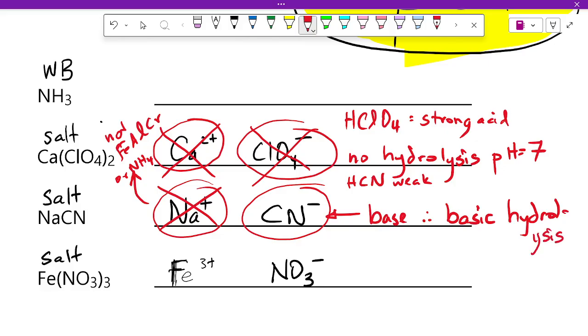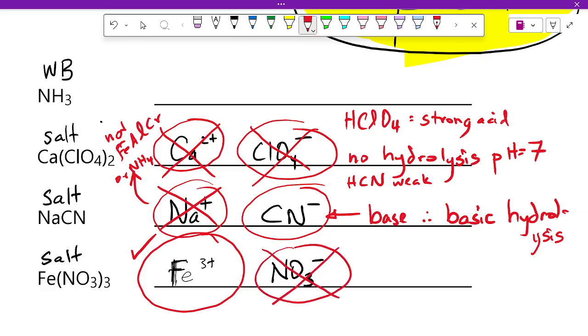There we go. Well, let's look at our next example. Fe3+. Yes. NO3-? No, because HNO3 is strong. HNO2 is weak, if you're looking at HNO2. So, anytime the cation hydrolyzes, is that going to be acidic or basic?